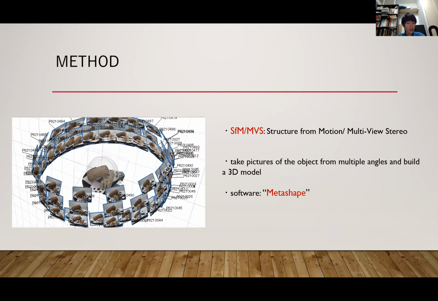I use a method called SfM-MVS to create 3D models using Agisoft Metashape. This is one of the methods to create a 3D model. When you take pictures while moving, your computer creates a 3D model by matching the pixels of multiple pictures that show the same things.